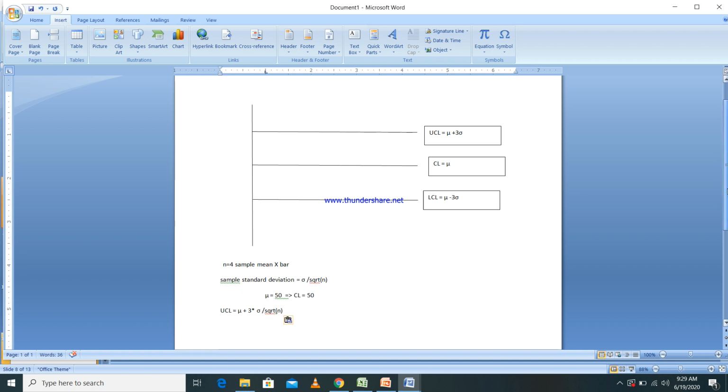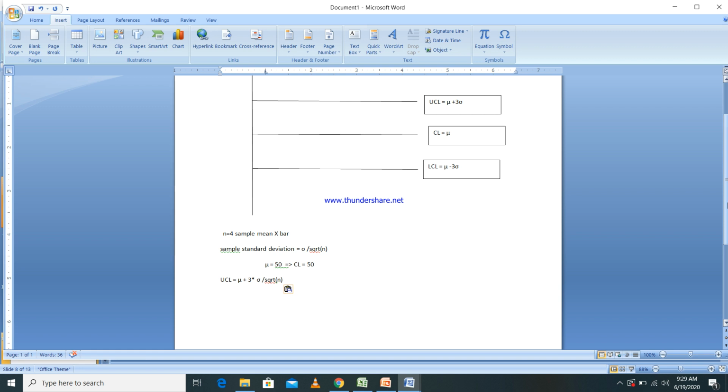In this case, the mu value is given, that is 50, plus the 3 sigma control limit.